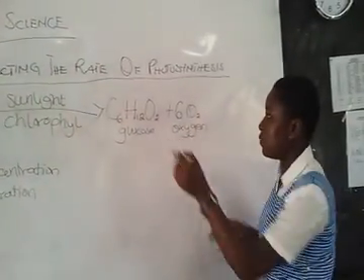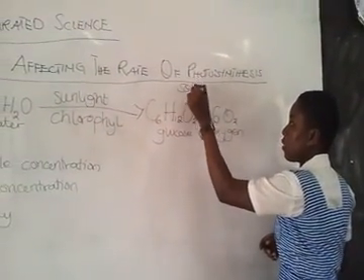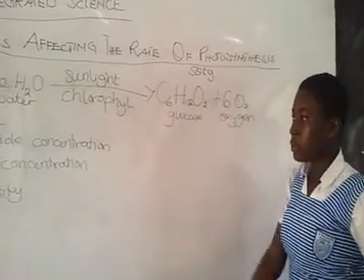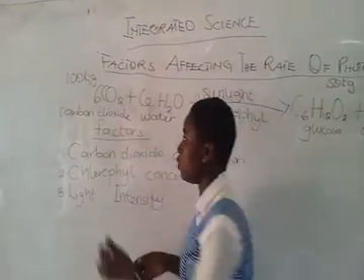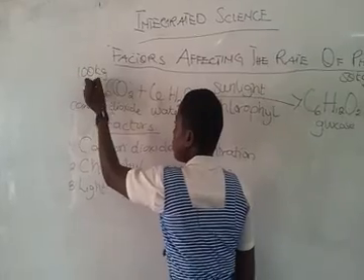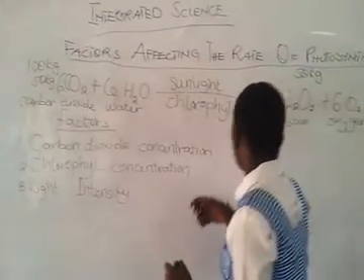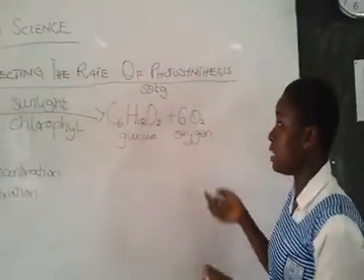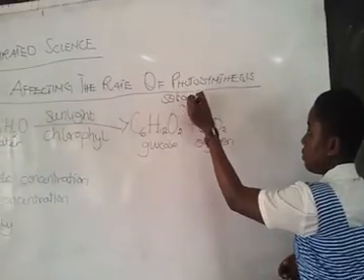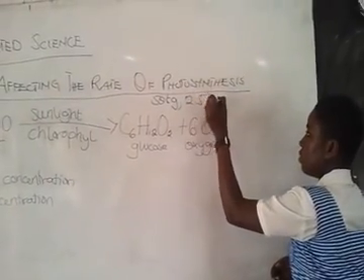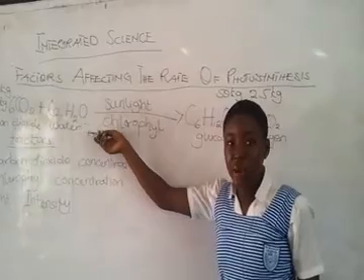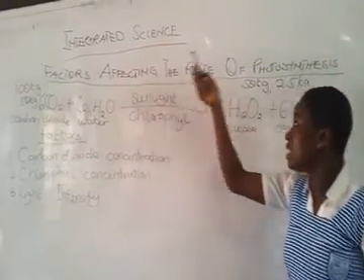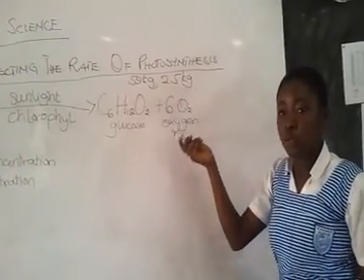Glucose here might be 50 kilograms, but with a carbon dioxide concentration as low as 50 kilograms, glucose produced here might be 25 kilograms. This shows that an increase in the carbon dioxide concentration reflects an increase in glucose which we produce.